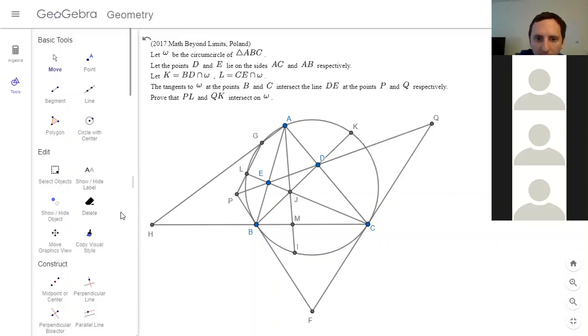But wait, how do we know the G? We let G be PL intersect the circle. We need to show that QK intersects the circle at that same point, right? So PL intersects the circle at G, and QK would intersect it at G prime.